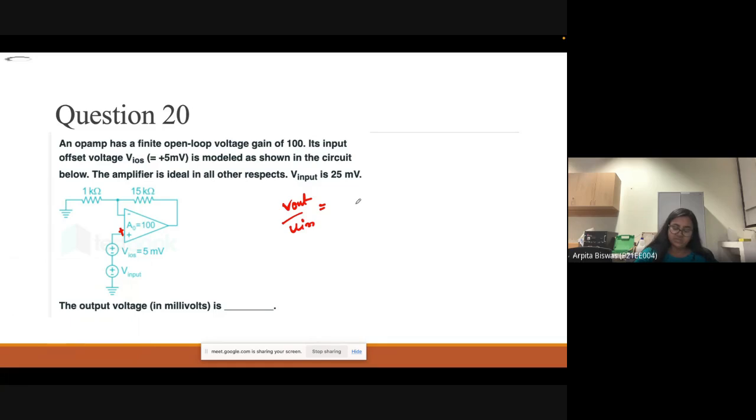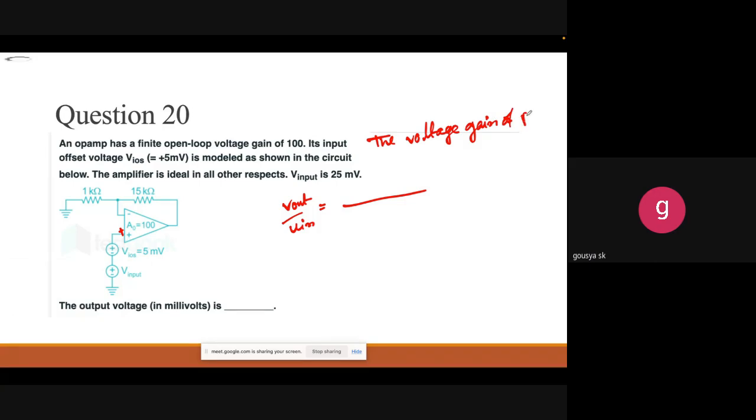So in that case, what is the value of V output by V input for the practical purpose? The voltage gain. As it is connected to the non-inverting input, 1 plus Rf by R1.